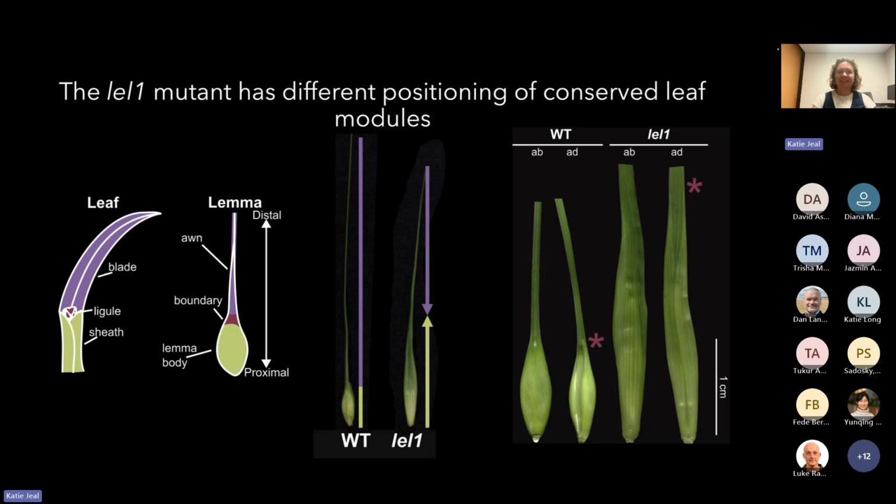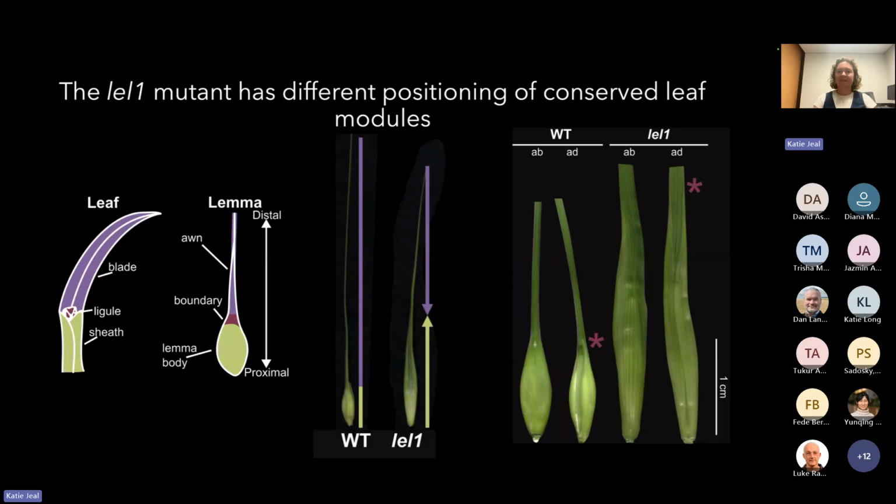When we zoom in, we see this even more clearly. And while it's been hard to define where the lemma body ends and the awn begins in our leafy lemma mutant, work is ongoing to define this more clearly using genetic markers that define the sheath and seeing if they define the lemma body in a similar way.